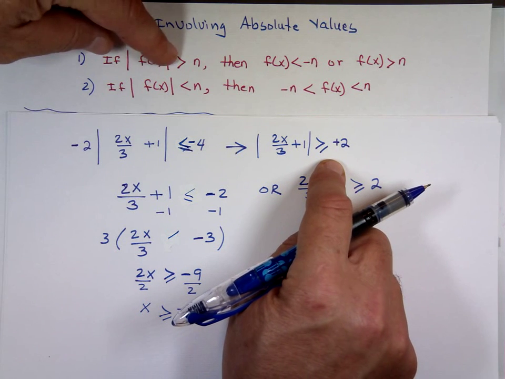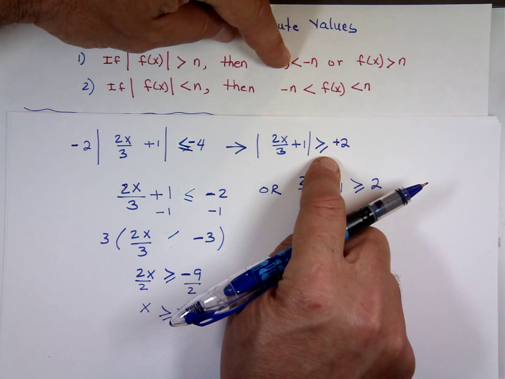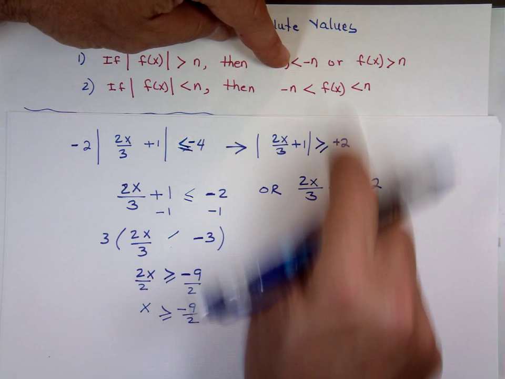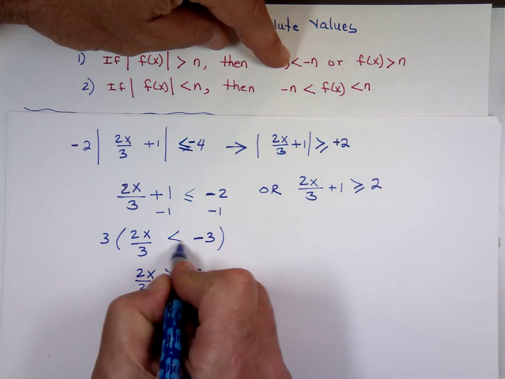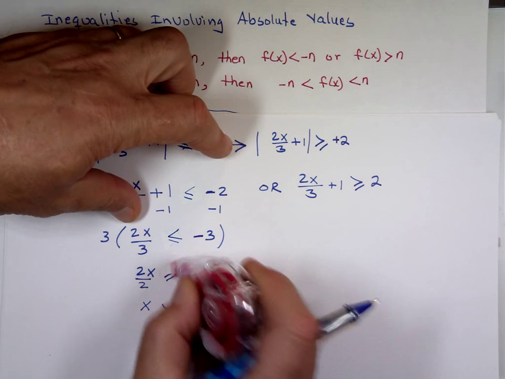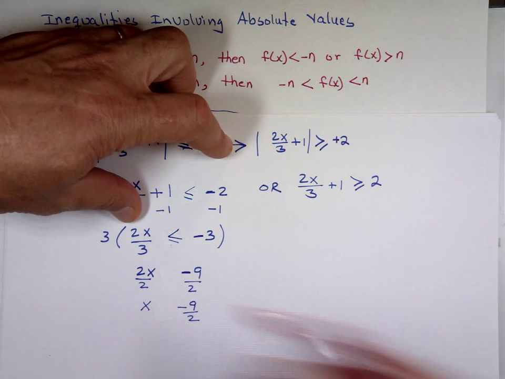Still. See that? It should be what? The first one. Negative the number. Right? Should be less than the negative the number. So that should be less than. You want some of my erasers here?